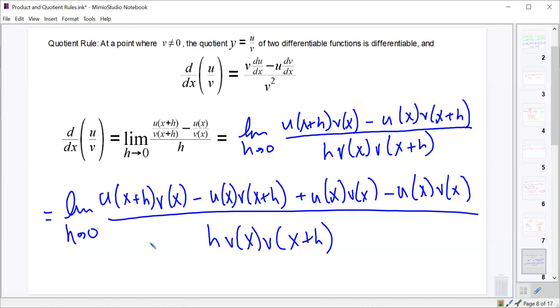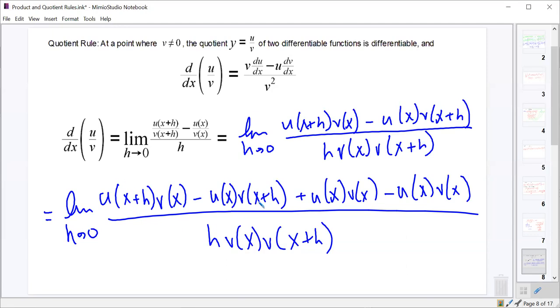Which one do you want to put with that? Last time we needed to take a positive one and group it with a negative one, right? Because that gives us that subtraction that we need in the difference quotient.